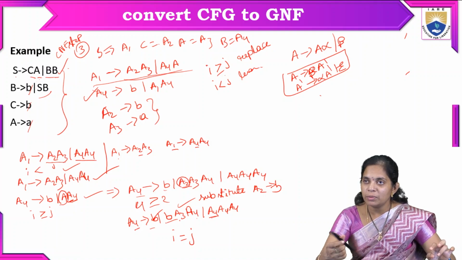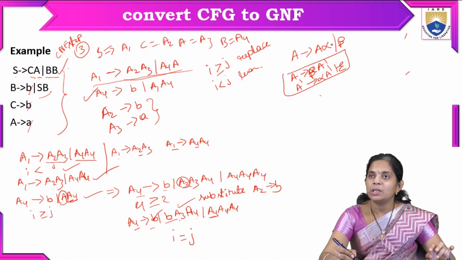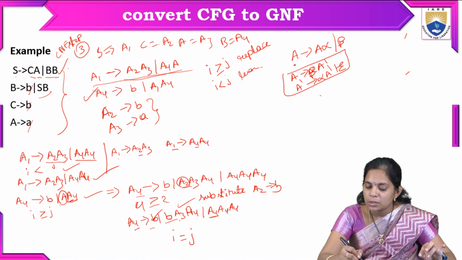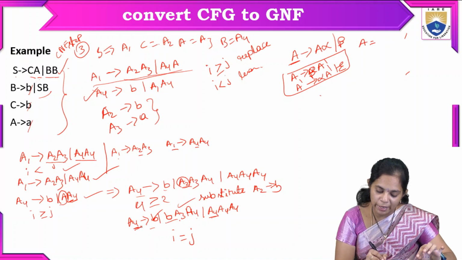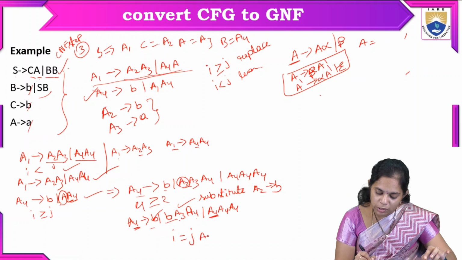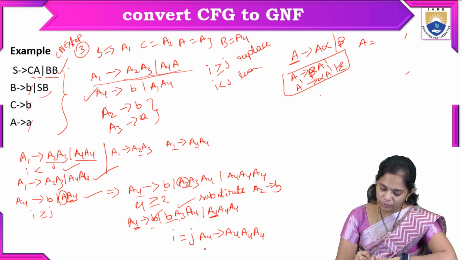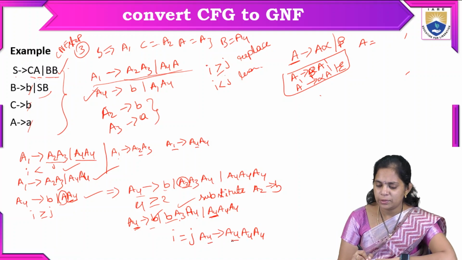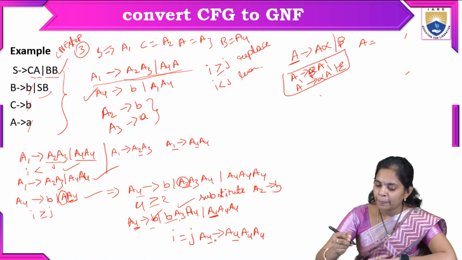So here assume that we need to analyze the values in this formula. So here A is equal to, coming to this production, A4 is there, A4 is there. So for which production we need to check, in the sense A4, A4. So 4 is there, that's why I is equal to j.